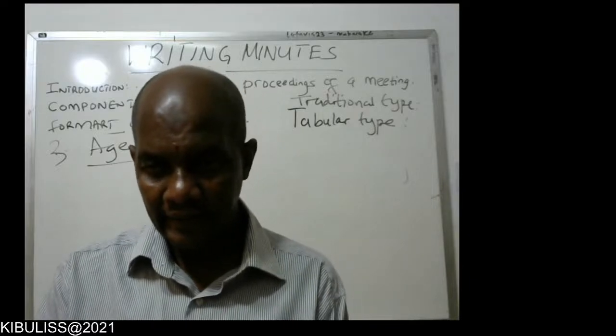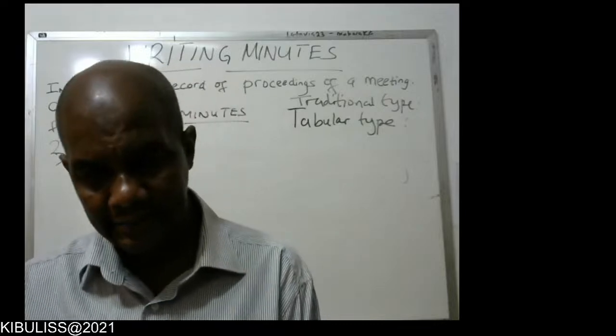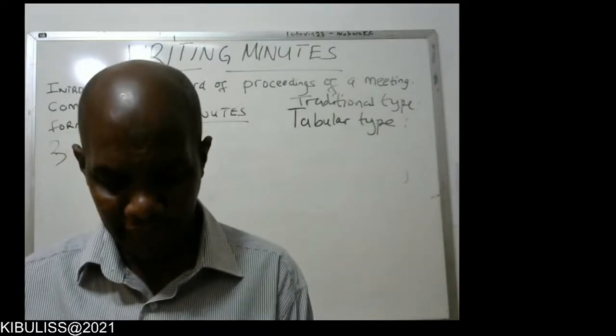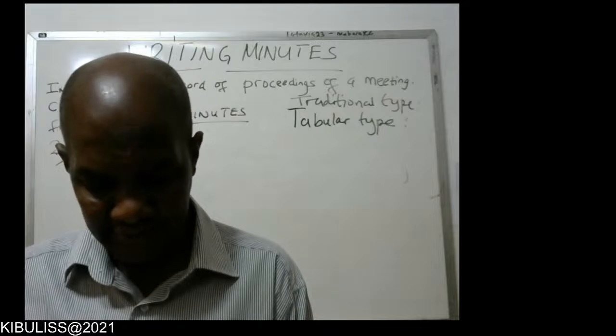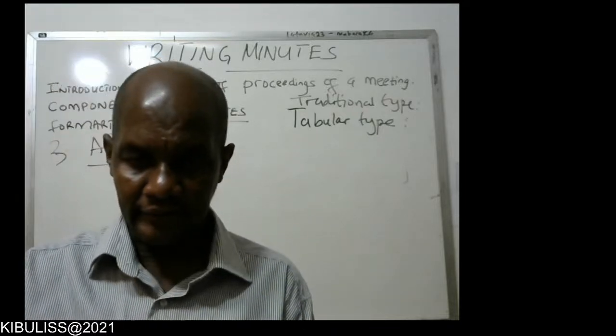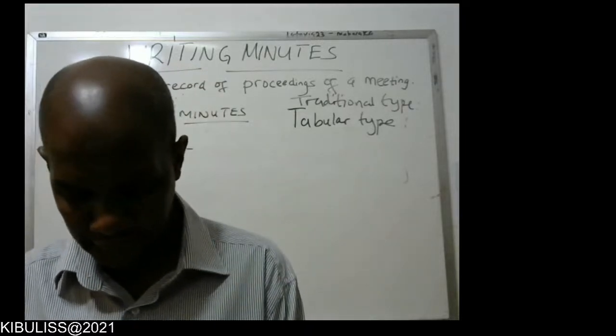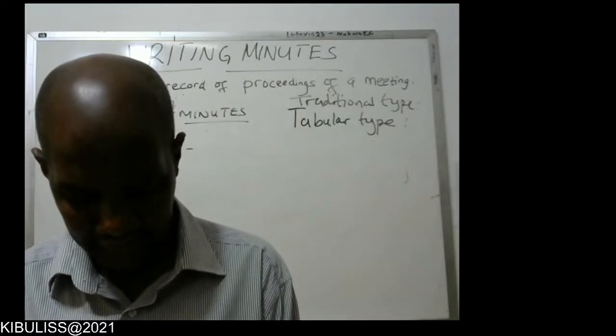Normally, the secretary may approach members of that group and ask them what they feel should be discussed in an upcoming meeting. Then when they agree, he or she consults the chairman or chairperson, and then they agree to put it on the agenda.